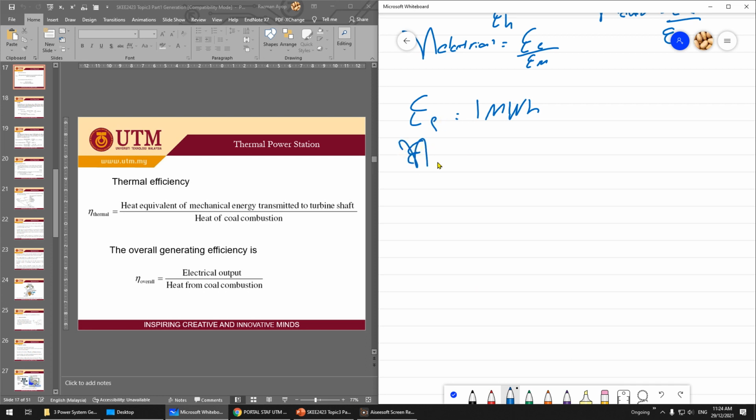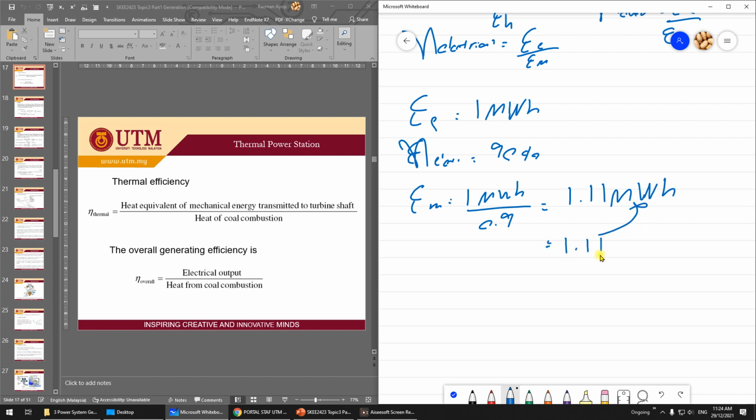The efficiency of electricity is usually around 90%. So basically EM is just equal to 1 megawatt hour divided by 0.9. 1 divided by 0.9 is 1.11 megawatt hour.